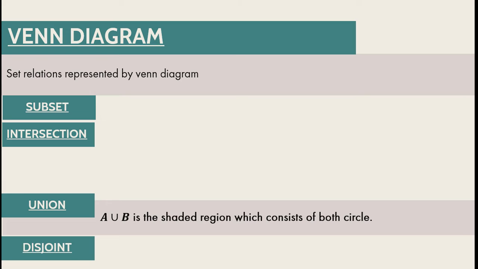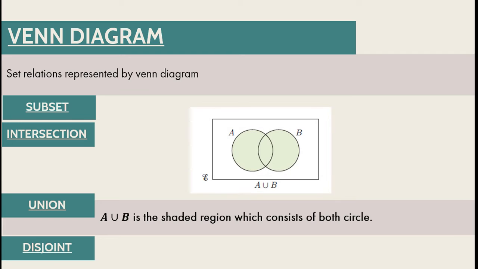The next thing is the union. The union of A and B is the shaded region which consists of both circles. Here, the region colored light green is the union of A and B.